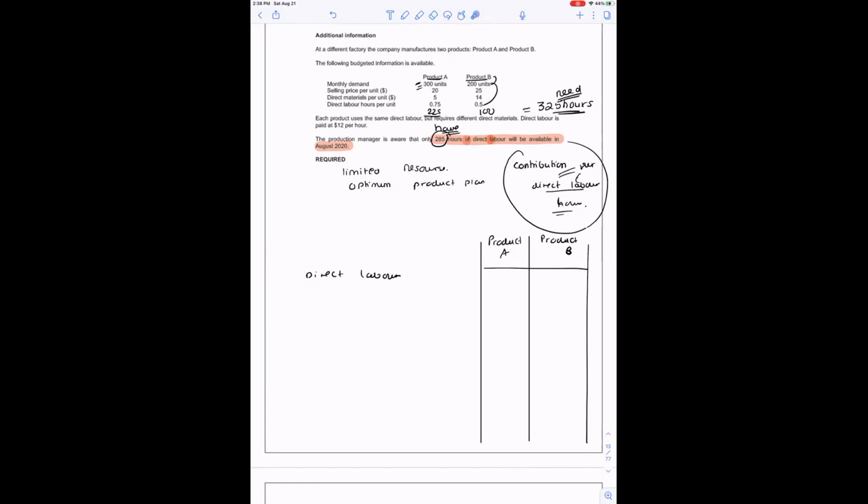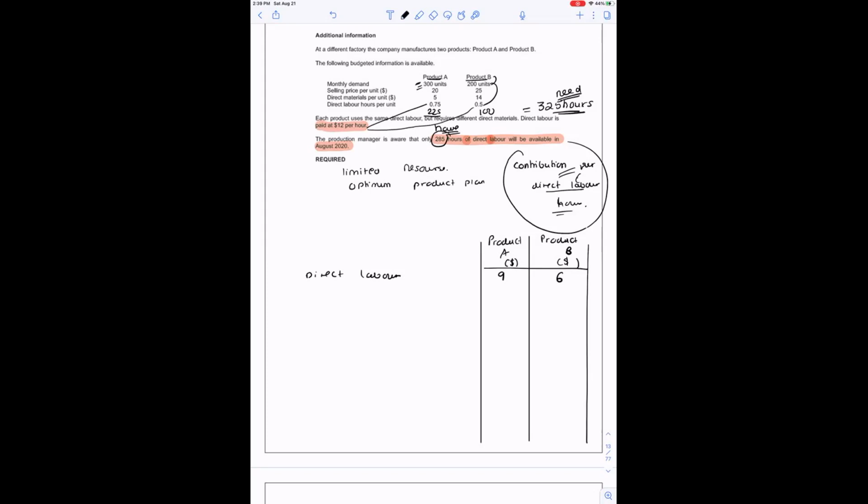Every hour the laborer works, he is going to be paid at $12 per hour. So to make 1 unit of product A, my laborer will be paid 0.75 into 12. He will be paid $9 to make 1 unit. And to make 1 unit of product B, my laborer would be paid 0.5 into $12. That means my laborer would be paid $6 to make 1 product.